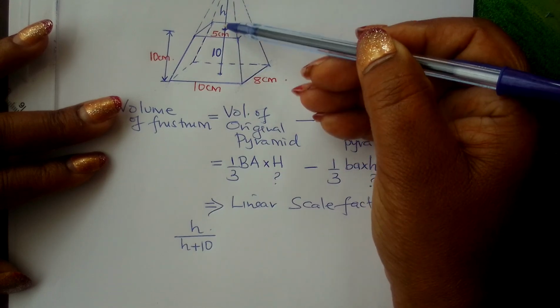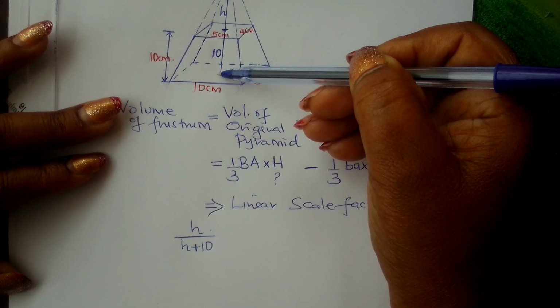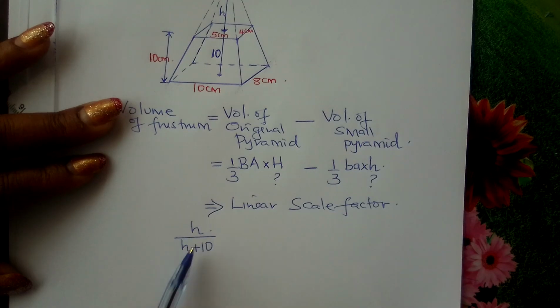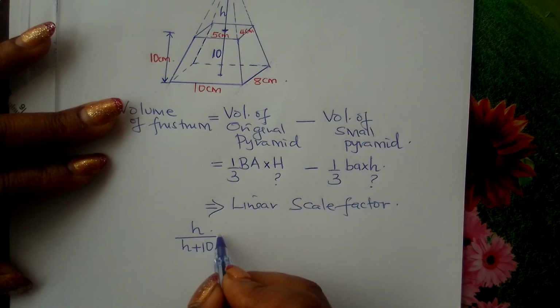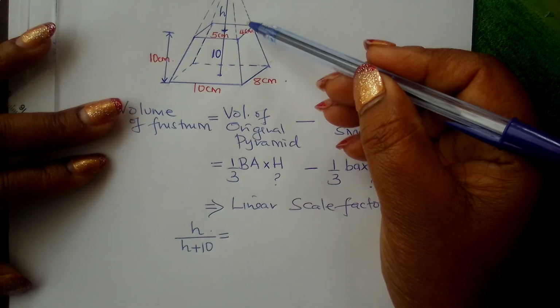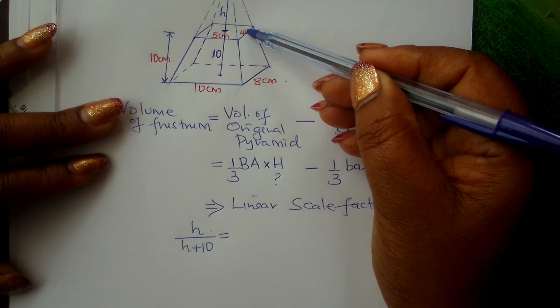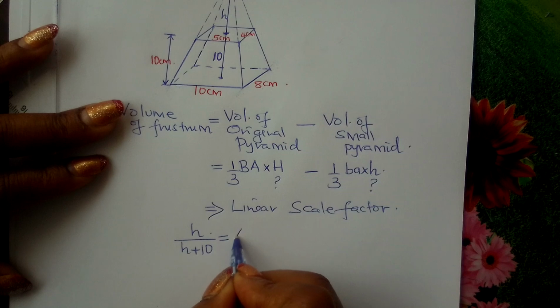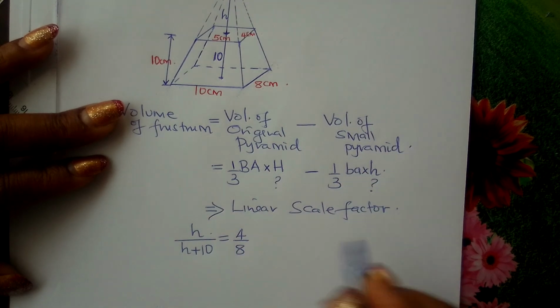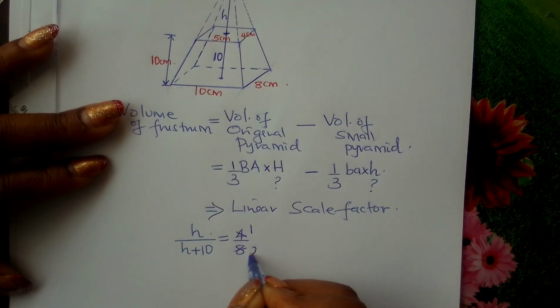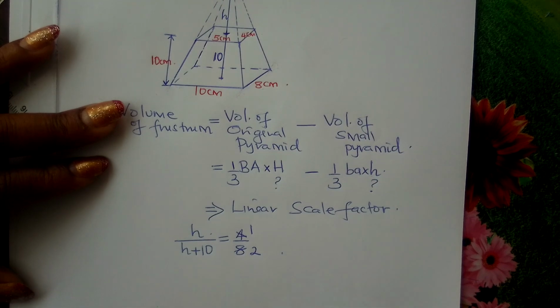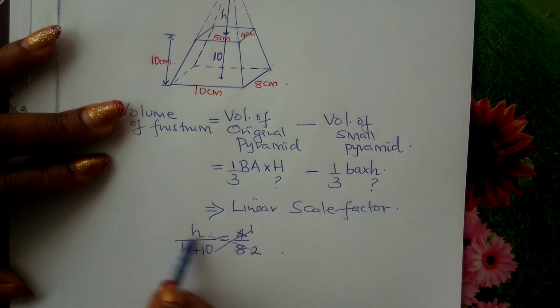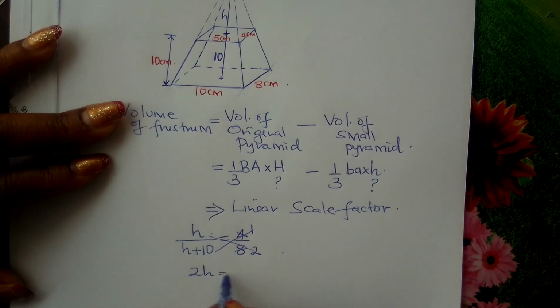Capital height is small height plus 10. So small height divided by capital height will be equal to, taking any two corresponding sides, 4 over 8 or 5 over 10. This gives you a half. Simplifying, you cross multiply, you get 2h equals h plus 10.